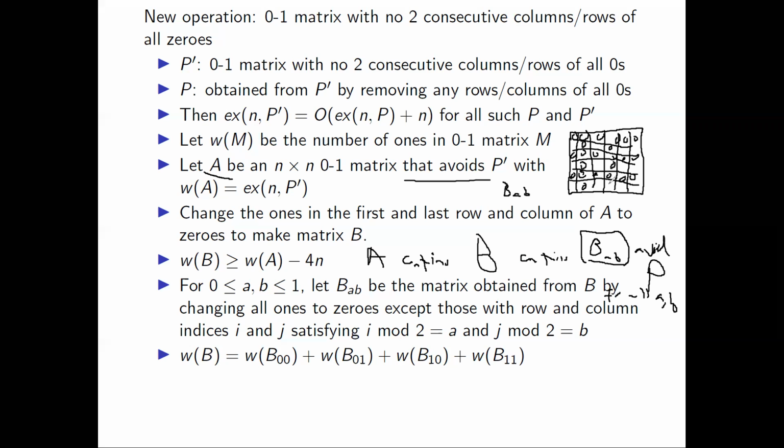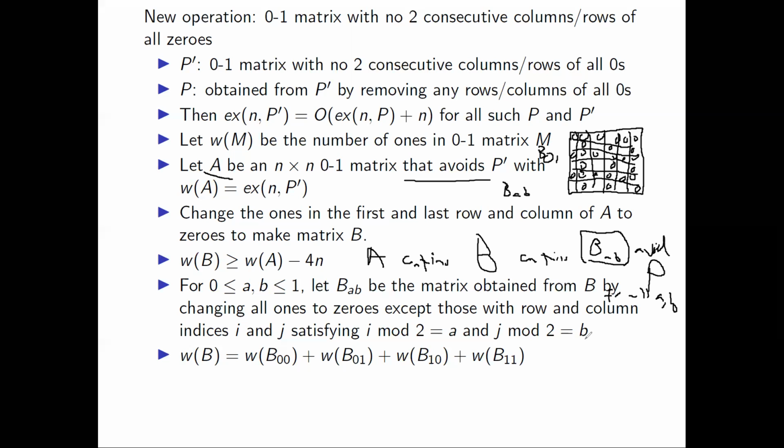So this is just an arbitrary BAB. There's three others I could have chosen. So this one would specifically be B of 1, 0. No, backwards actually. That would be B of 0, 1.